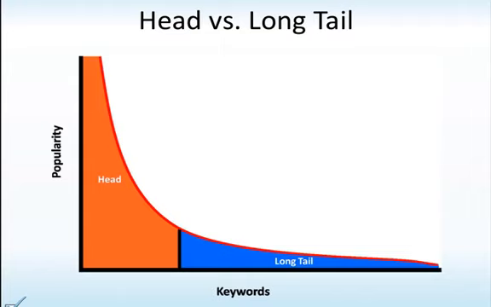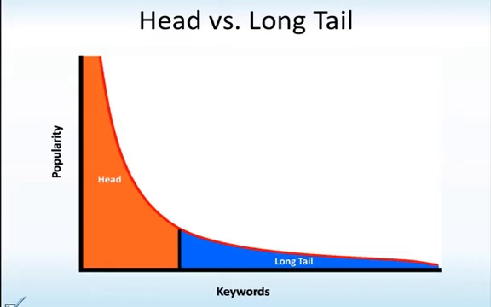More into the metrics. This is not a metric per se. I wanted to talk about the head versus long tail. Like I said, they're maybe not metrics per se, but they're pretty crucial to keep track of. What do I call head? Well, head is the few keywords that account for most of your visits. So basically, when you look at your list of keywords, you see the number of clicks that they have, or the amount of traffic it's generating.